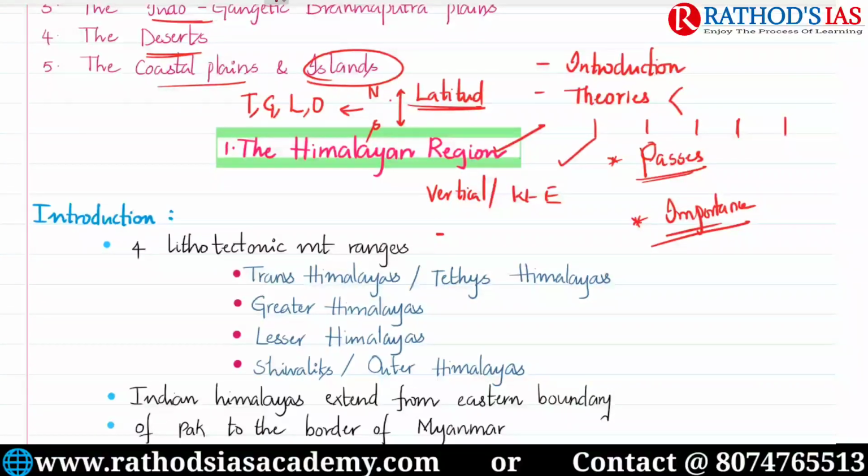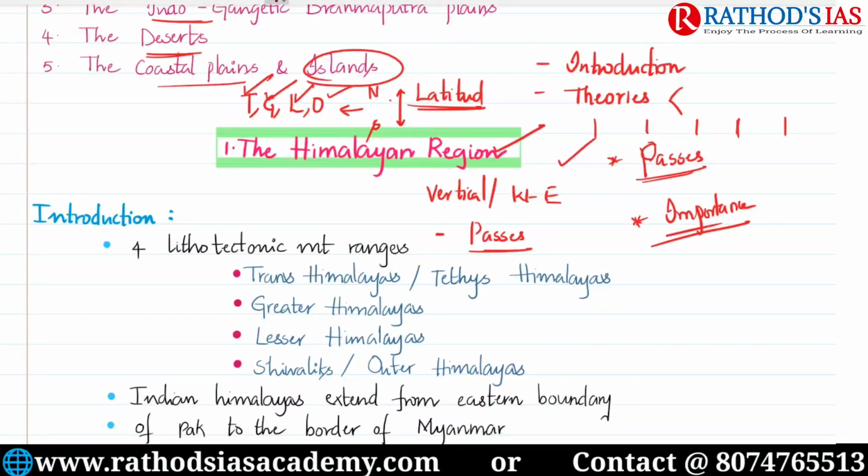After this, you have to see the different passes in the Trans Himalayas, Greater Himalayas, Lesser Himalayas and Outer Himalayas. That part is very important for prelims, and there is a need for map work also. Apart from that, you have to see the strategic importance of the Himalayas.